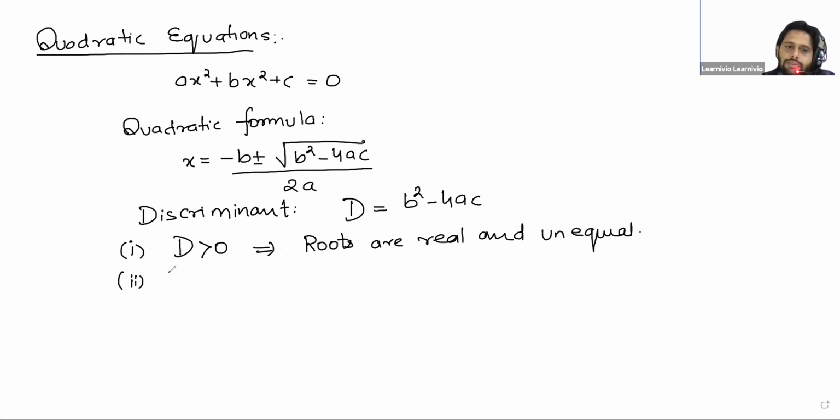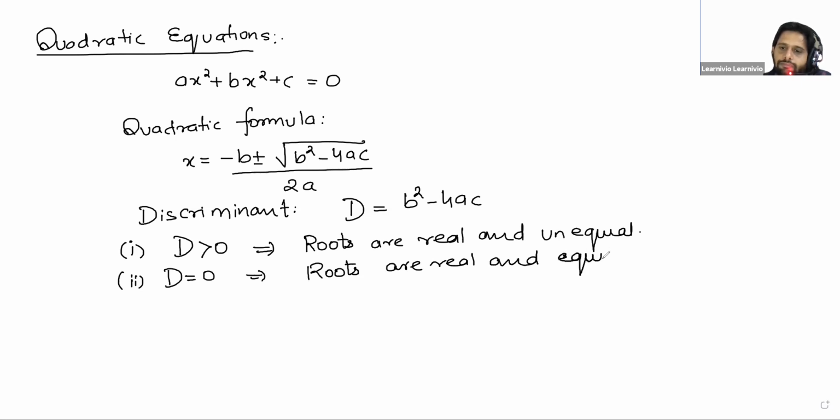Second, d is equal to 0: roots are real and equal. Third, we have d less than 0, and we will say that the roots are imaginary.